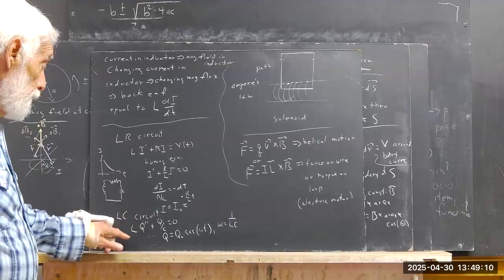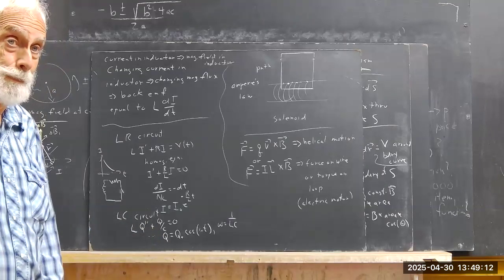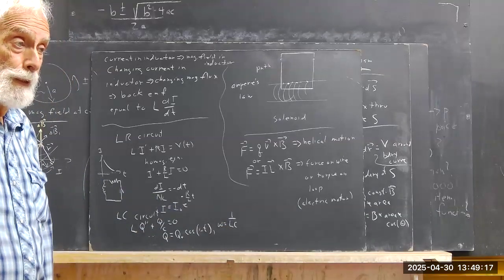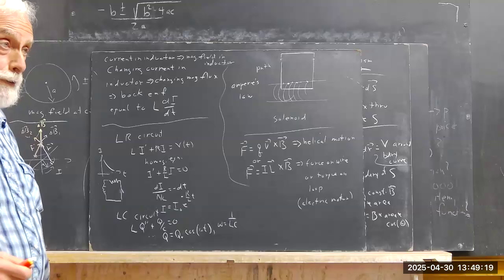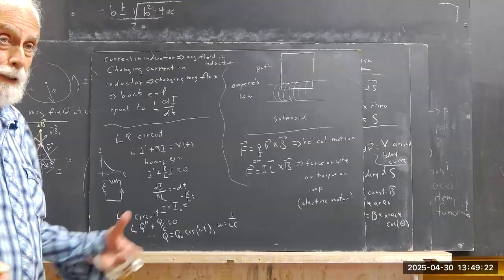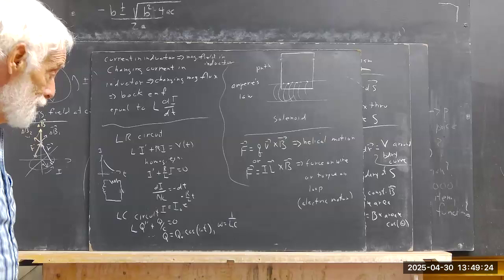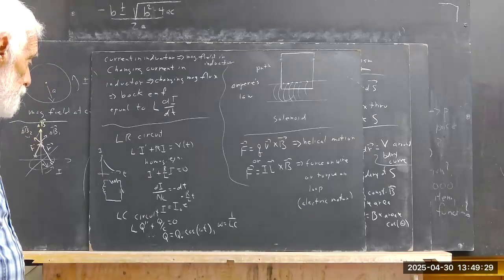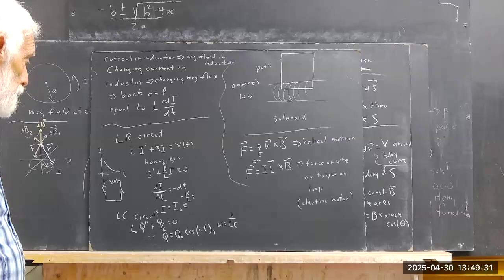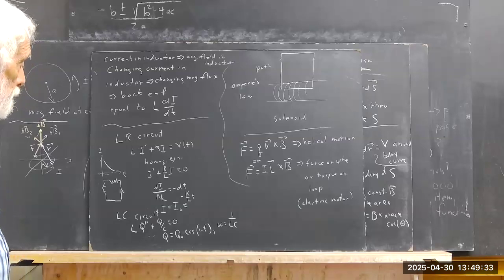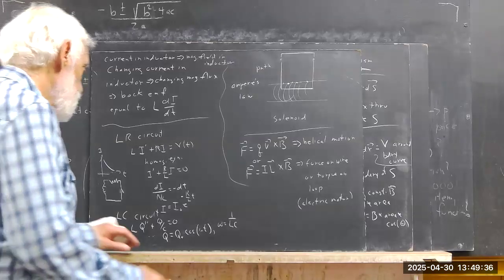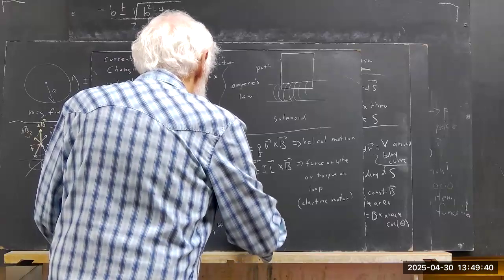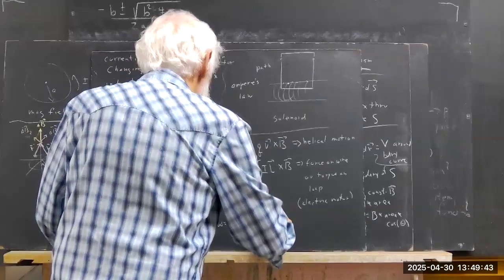So we could take an inductor and a capacitor, calculate its resonant frequency, generate a signal at that resonant frequency, and see what happens. And that would correspond to a circuit that looks like this.